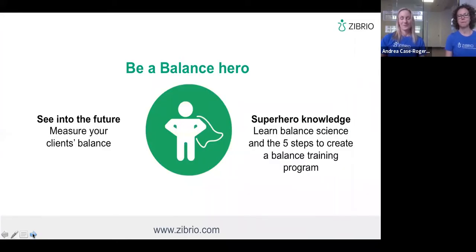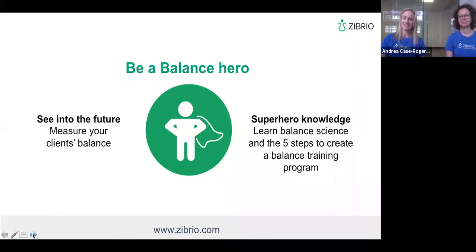So I think what we would love is for everybody to become a balance hero. Balance is something that isn't really understood in the general population. And for you to become a balance hero, we believe there's 2 different parts that can really help you to be that. The first is to be able to see into the future with your measurement.